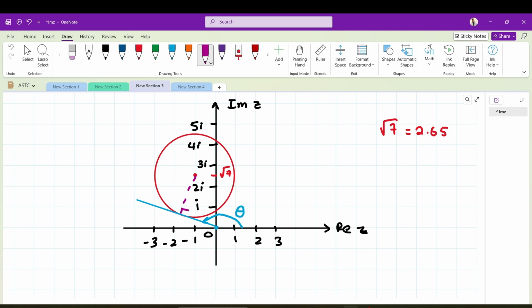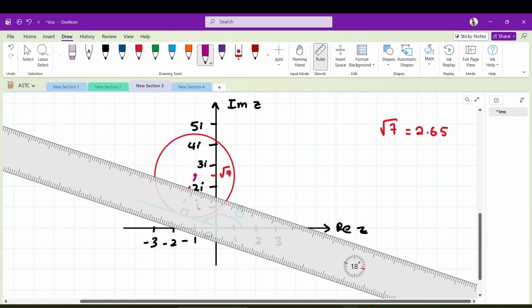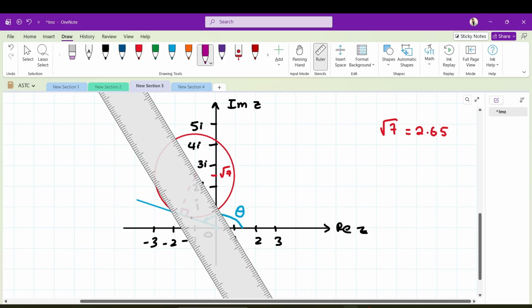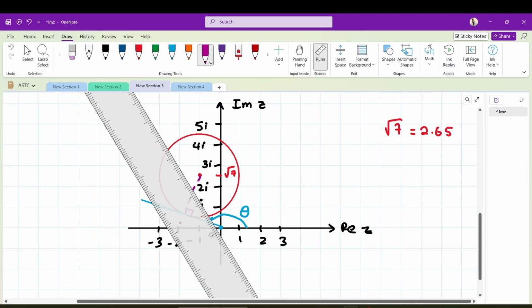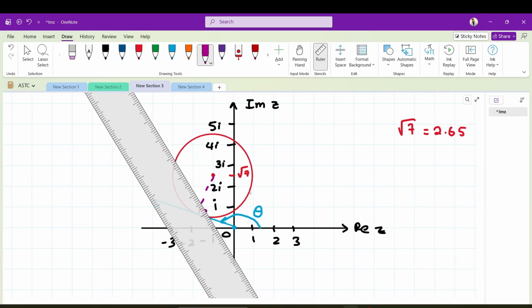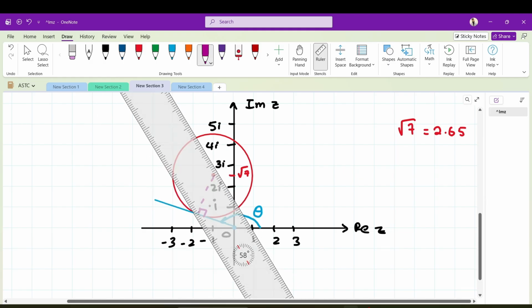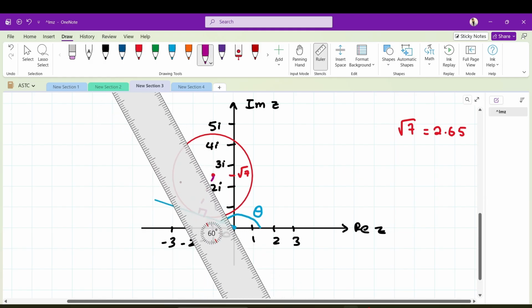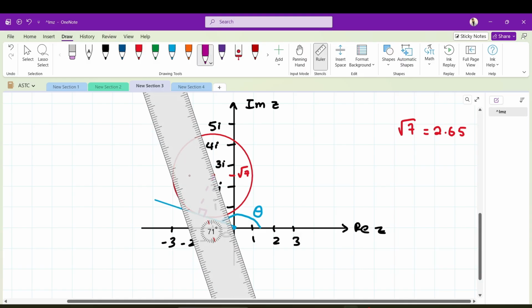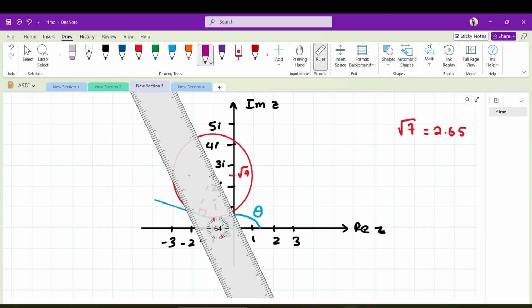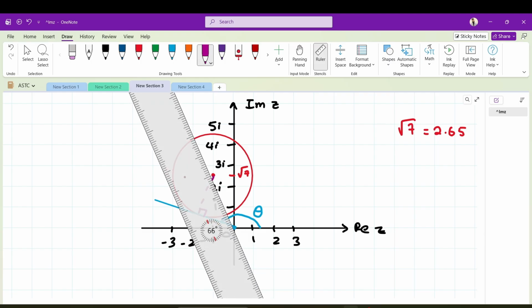So we know that this is 90 degrees, and I'm going to draw a straight line from here, just a little bit more.